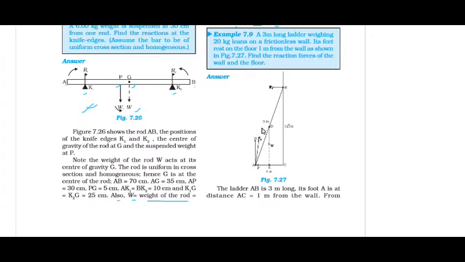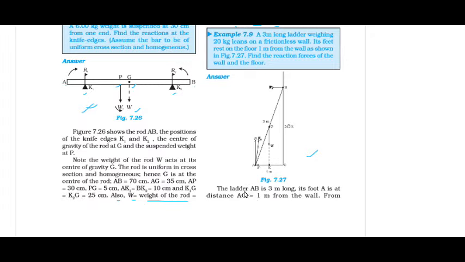So this is the ladder, this is the figure shown, and this is the vertical wall. This is 1 meter away from the vertical wall, and all the given values in the problem are drawn in the figure.